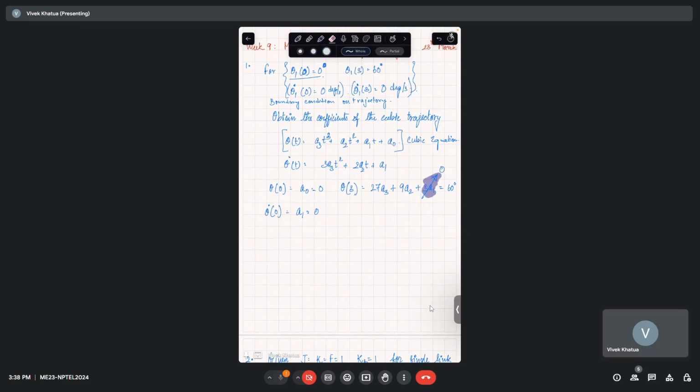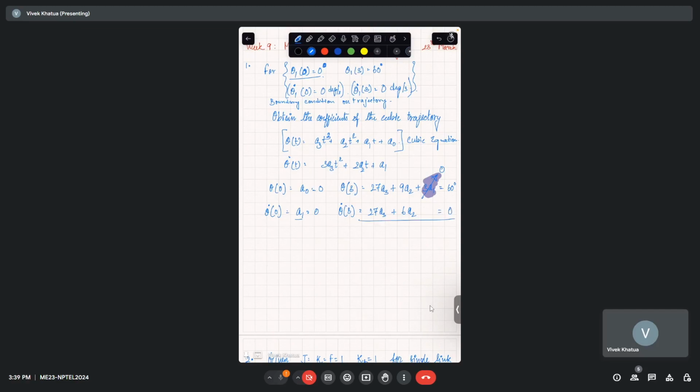Now we'll go with theta dot at 3, right? That is also 0. So it is starting and stopping there. So there is a phase in between where it is accelerating, then it is decelerating, right? So what do we get here? 3 into 3 into 3, that's again 27 a3, right? Plus 6 a2, right? a1 is 0, so I'm not putting it, which is equal to 0 again.